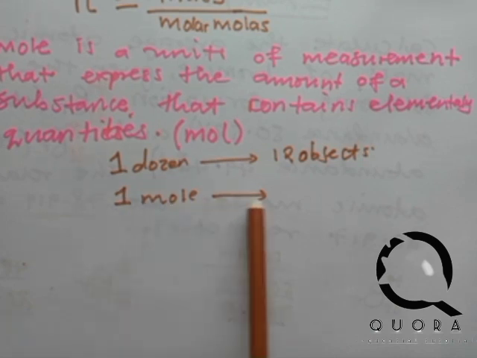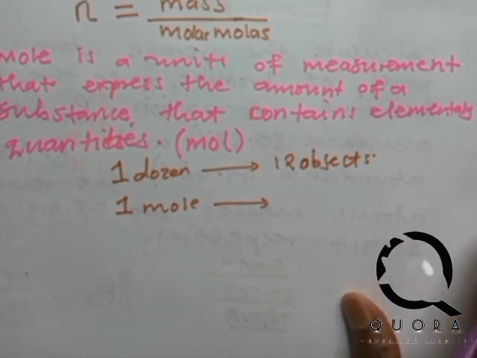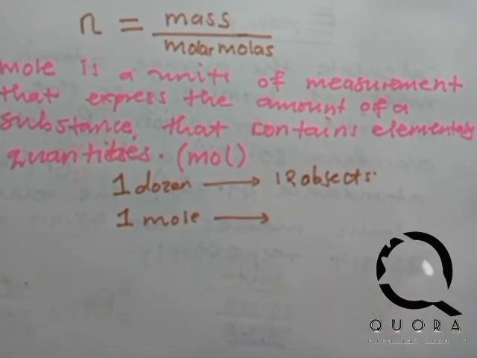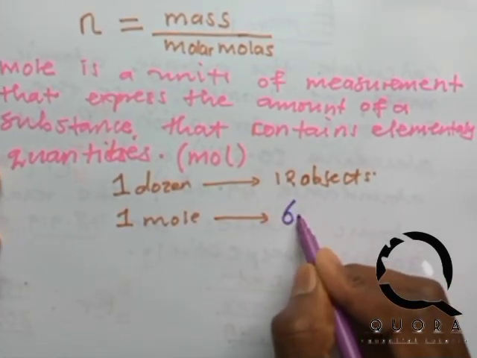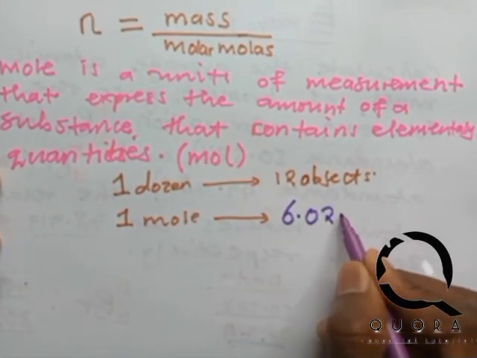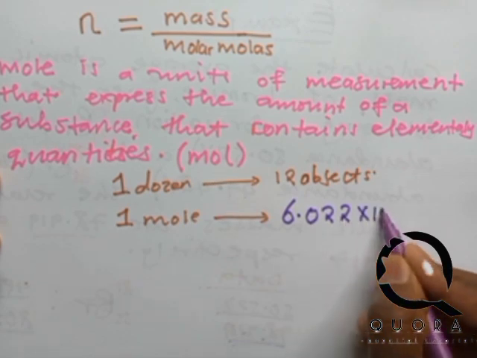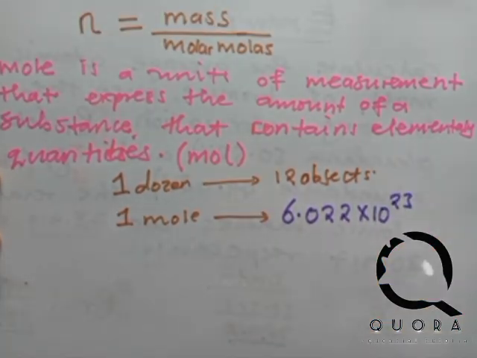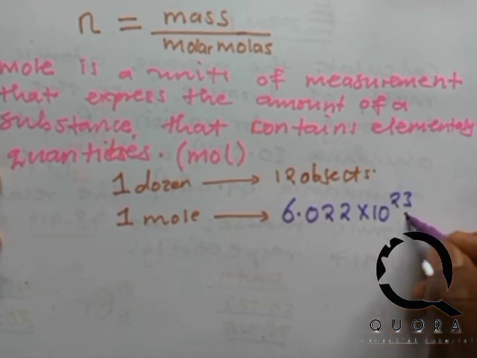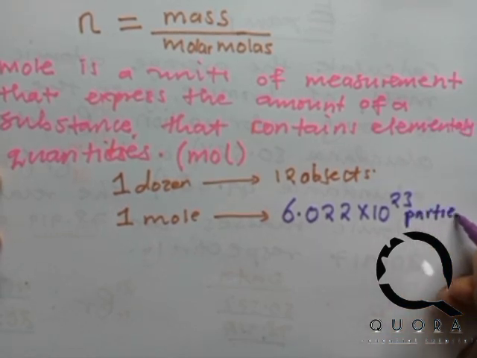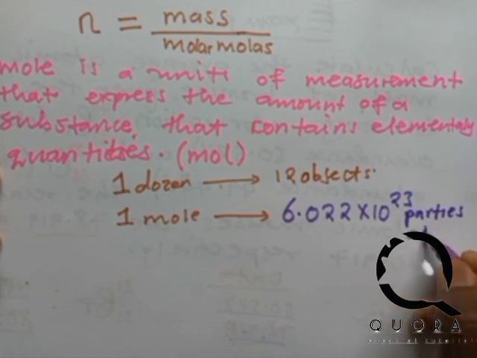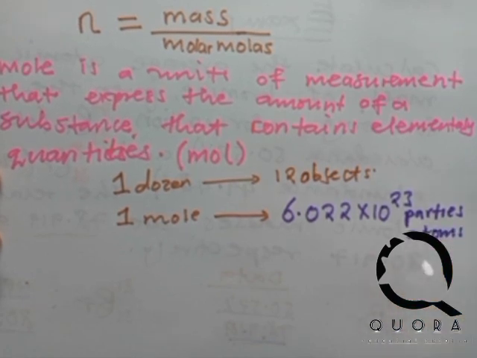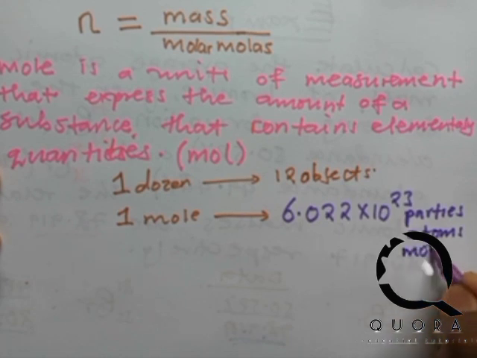One mole is equal to 6.022 multiplied by 10 to the power 23. This number can be particles, atoms, or molecules.